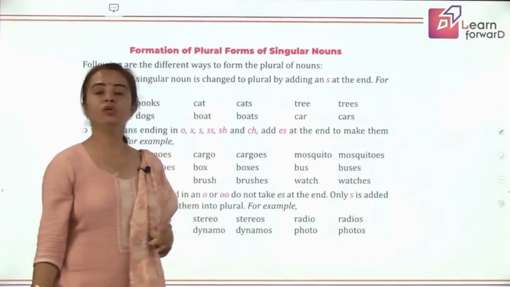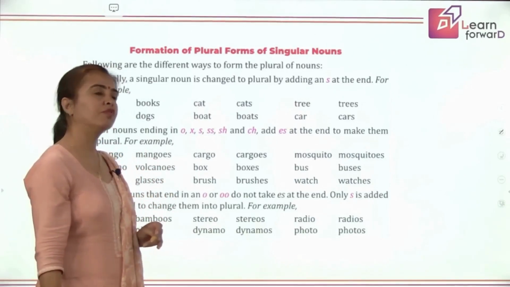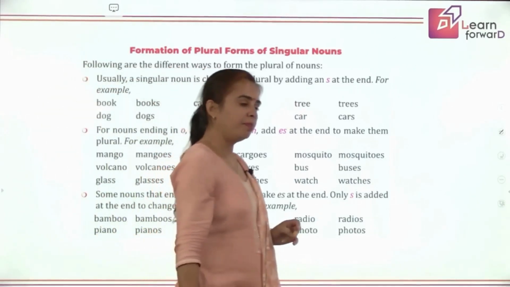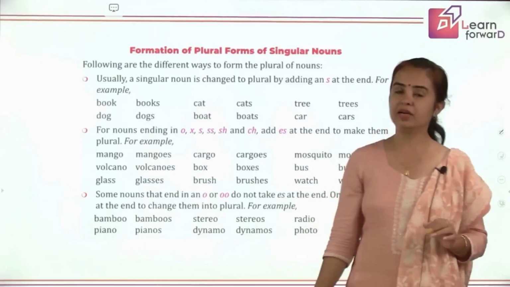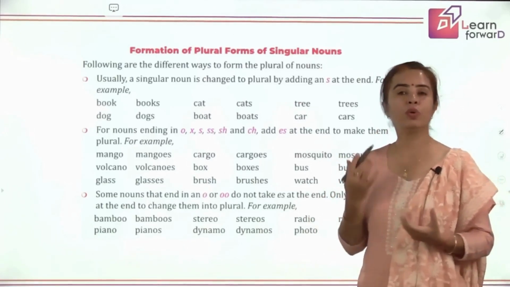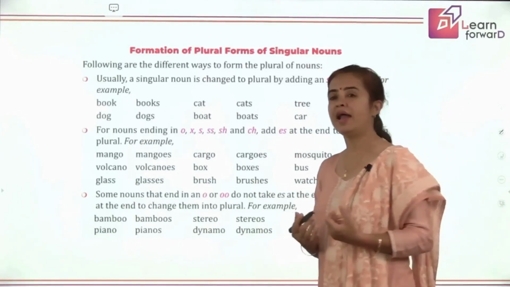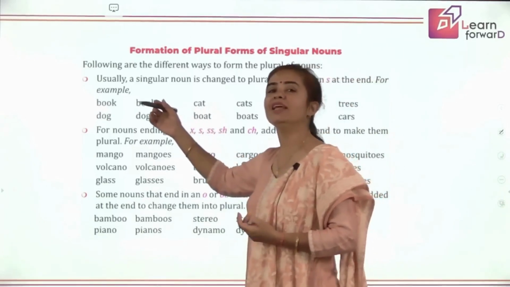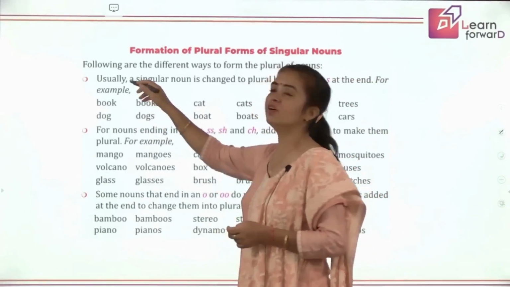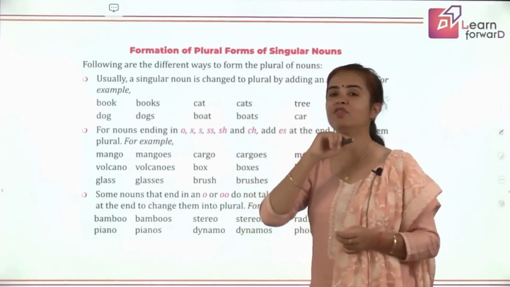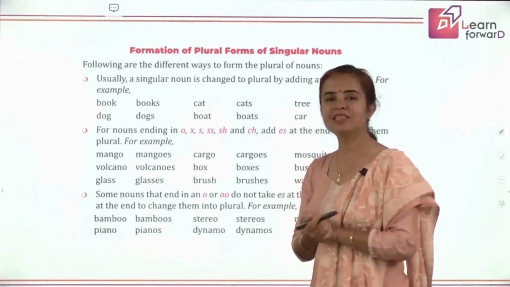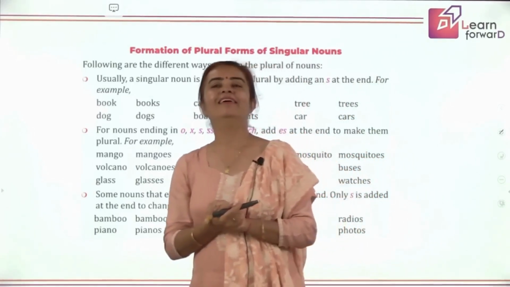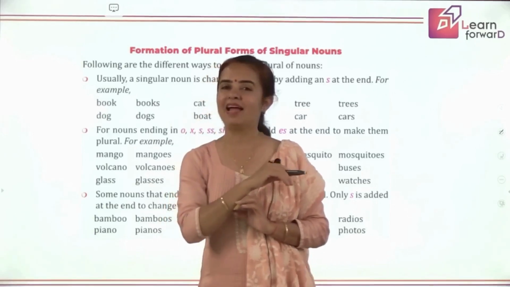Now, how to form plural nouns from singular nouns? Many rules you have already learned in your previous grades. We'll quickly recall them and then move ahead with something new also for you. So the first rule that we have done right from grade 1: how do you make the singular nouns plural? Right, by adding s.